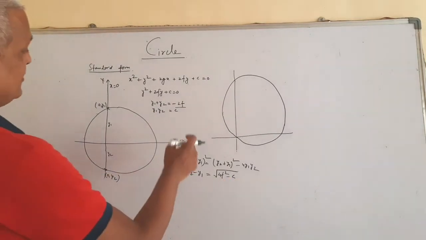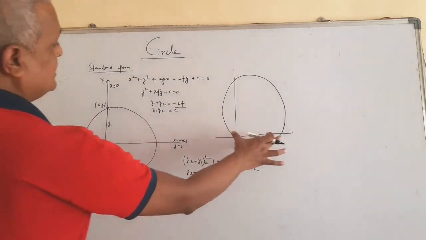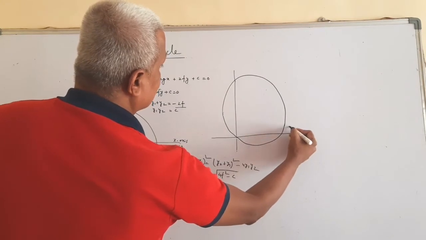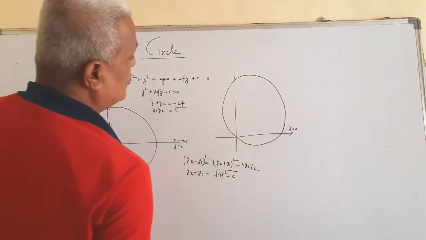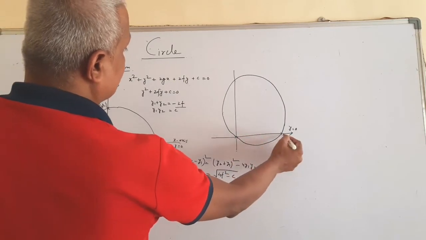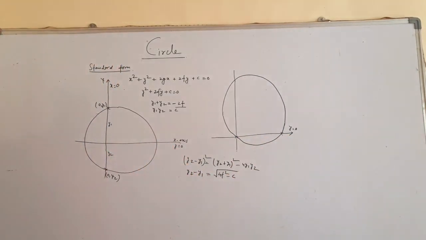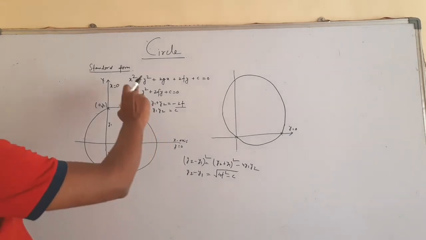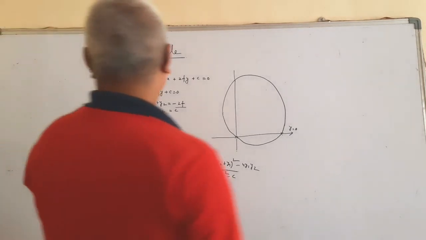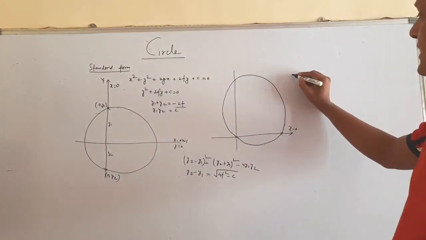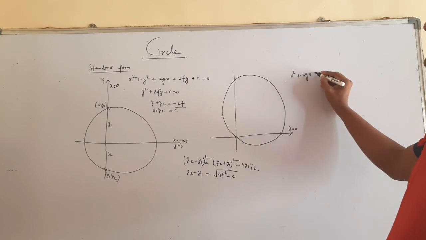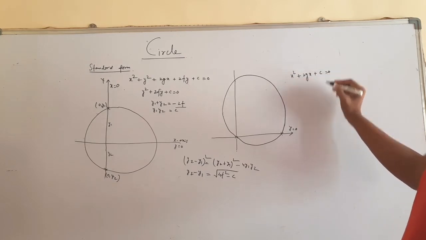And if you want to find out this line segment, then you have to put, because the equation of the x-axis is y equal to 0, and these points are intersection points of these two line segments. So in this equation we are going to put y as 0, so it will become x square plus 2gx plus c equal to 0.